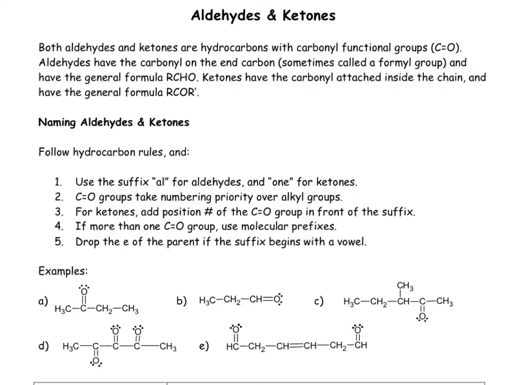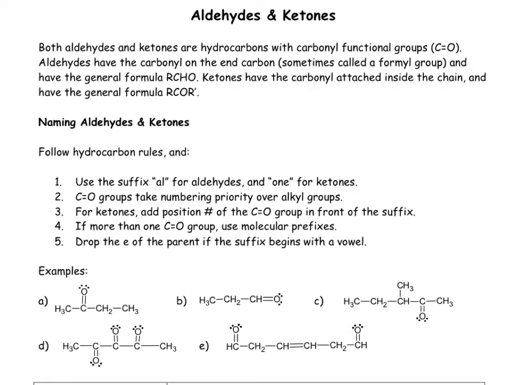Naming aldehydes and ketones. You follow your hydrocarbon rules and you use the suffix -al for aldehydes and -one for ketones. The C double-bonded O groups take numbering priority over any other alkyl groups, but not double or triple bonds. For ketones, you have to add a position number for the carbonyl group in front of the suffix.